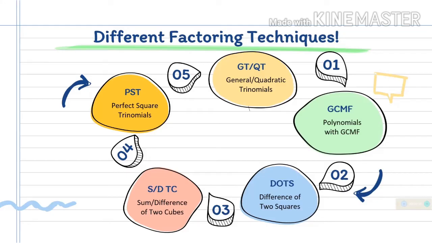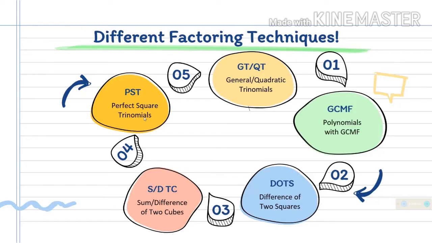There are different factoring techniques that we are going to discuss. The first one is GCMF, or factoring polynomials with greatest common monomial factor. The second one is DOTS, or factoring the difference of two squares, followed by SDTC, or factoring the sum or difference of two cubes.